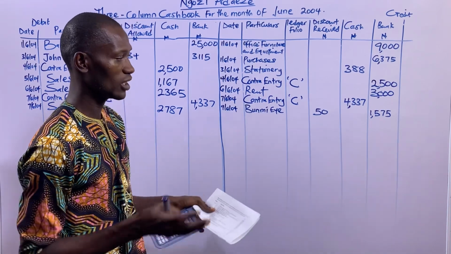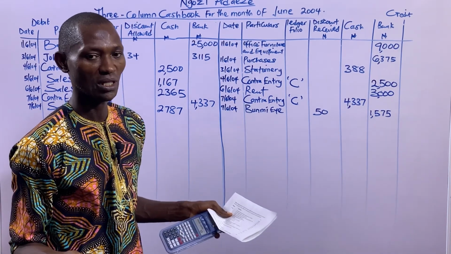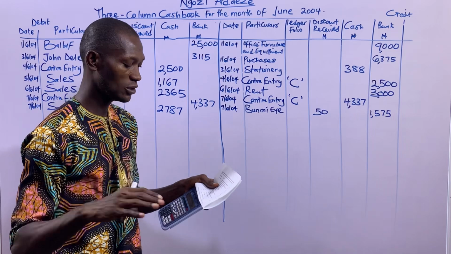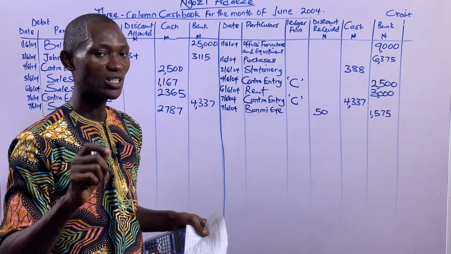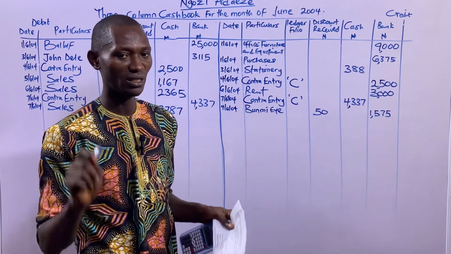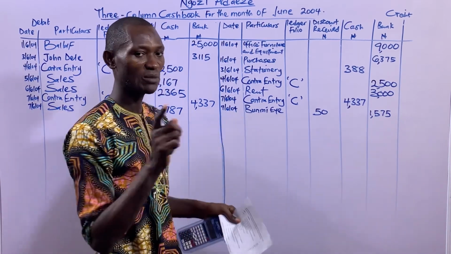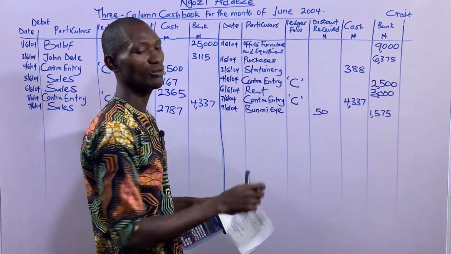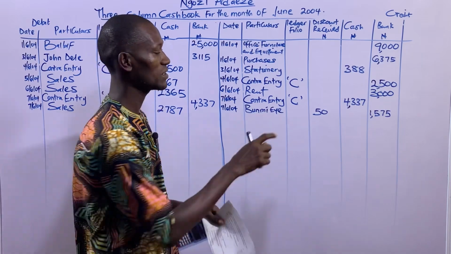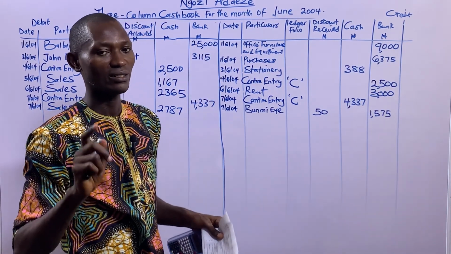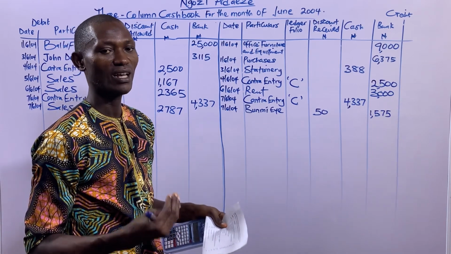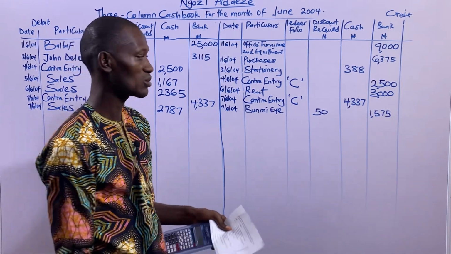So should you be given a question of this nature, you know how to go about it now. Let me do a recap on that. That 1,625 is what Ngozi ought to have paid Bumi. But because Bumi Eyankori allowed 50 naira discount to Ngozi Adeze, the amount Ngozi had to pay Bumi had reduced by 50 naira.